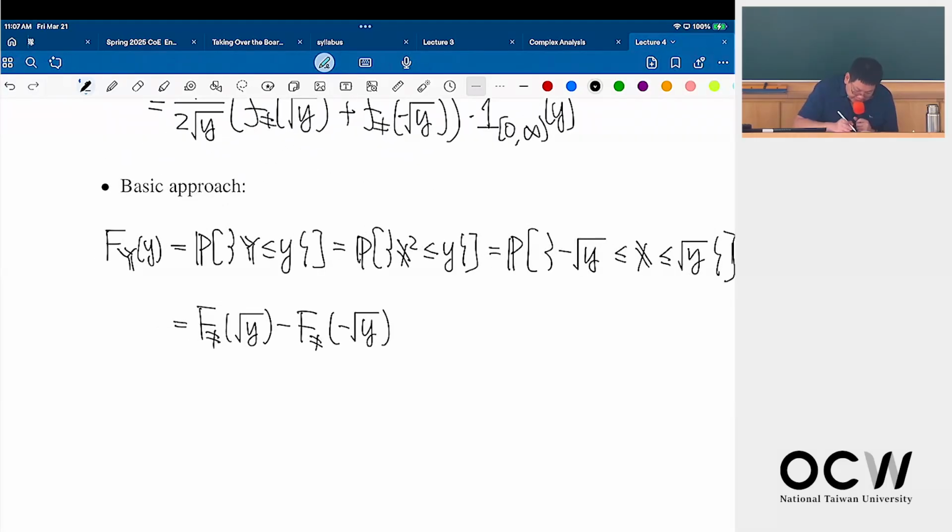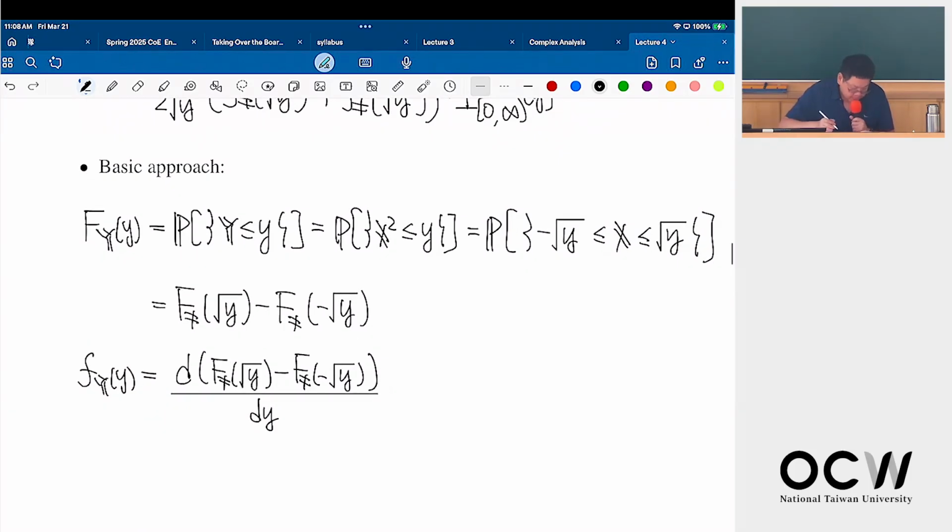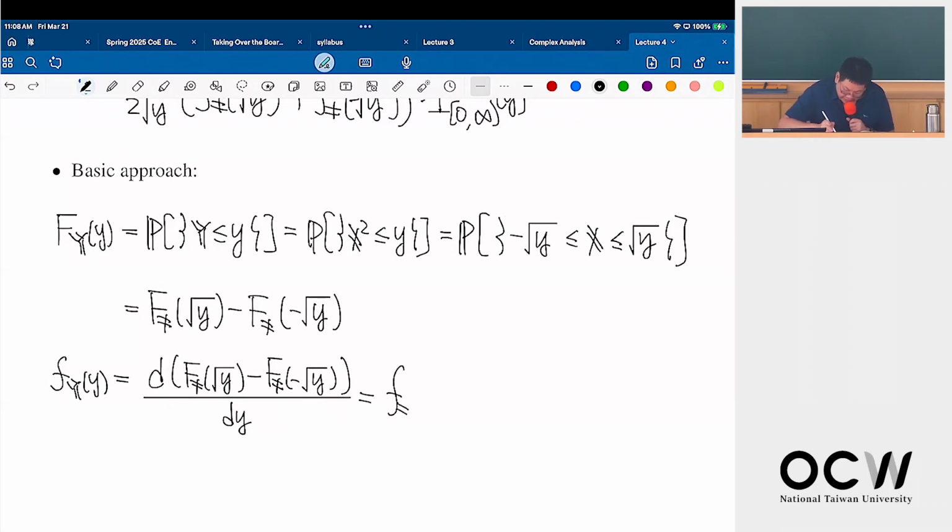Then you take the derivative. So you still get f of x at square root of y times 1 over 2 times square root of y.